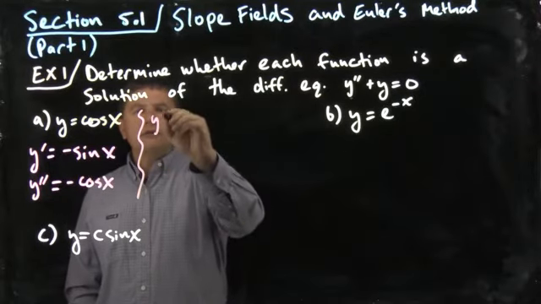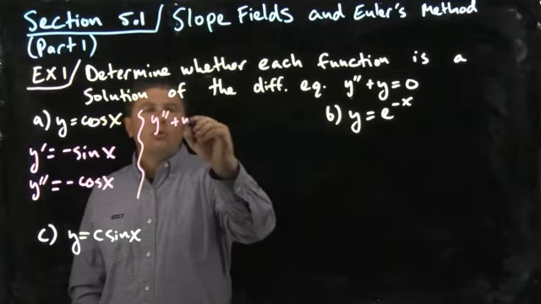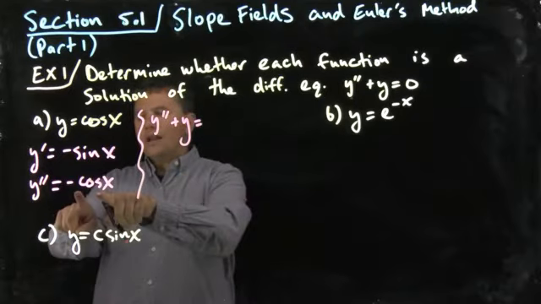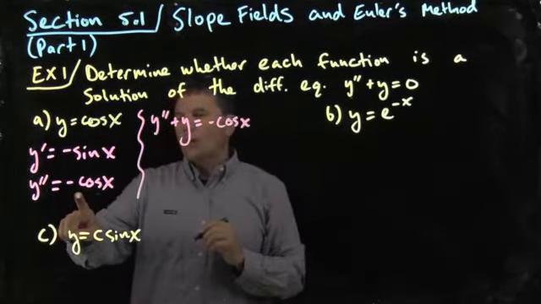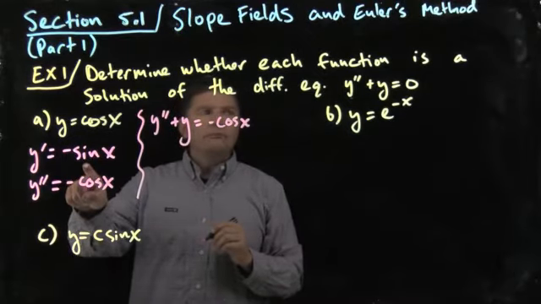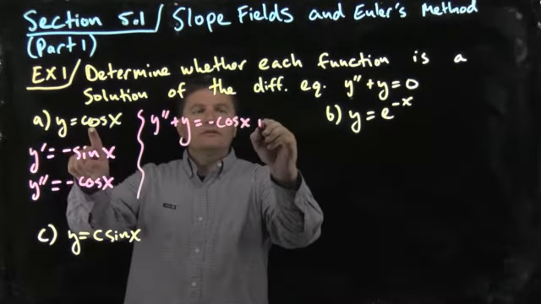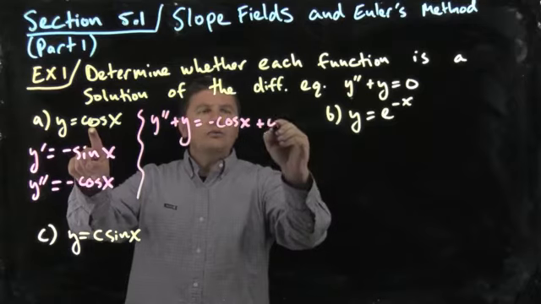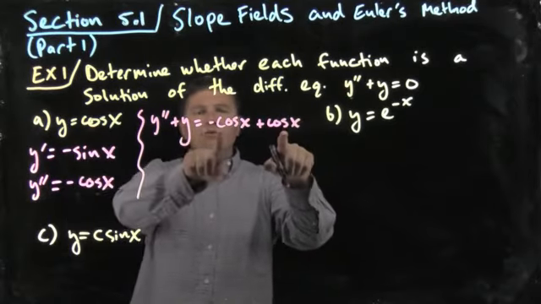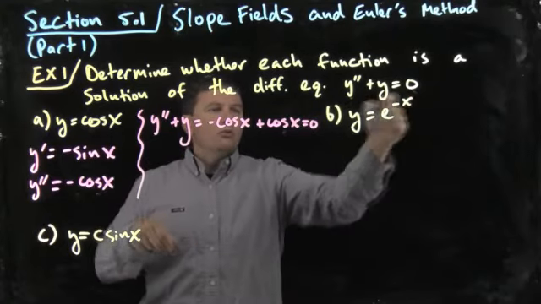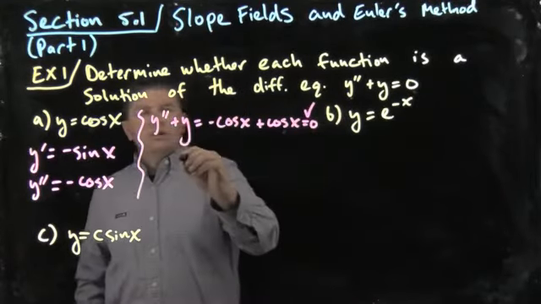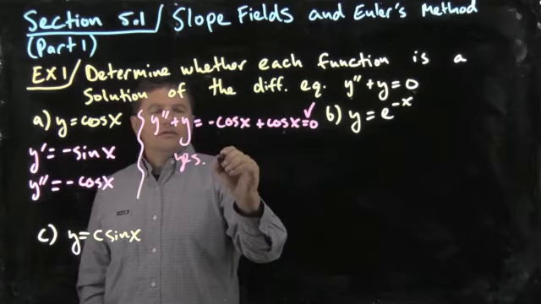So y double prime plus y is equal to y double prime, which is negative cosine x, plus, and then y, which is cosine x. And this, of course, negative cosine x plus cosine x is equal to 0, which is what we want here. So, yes, this is a solution.